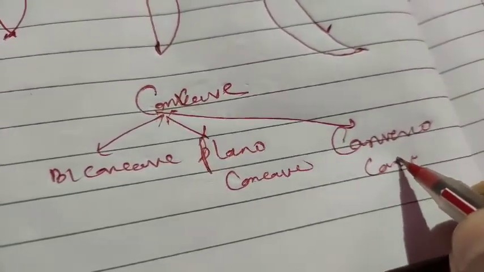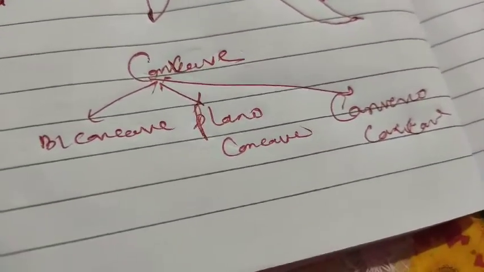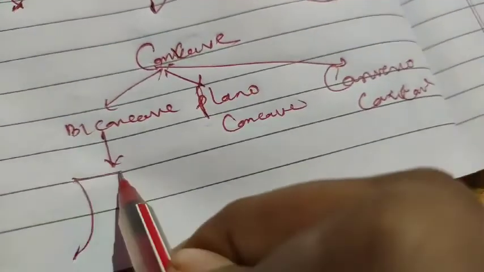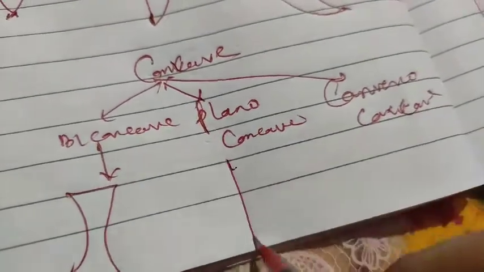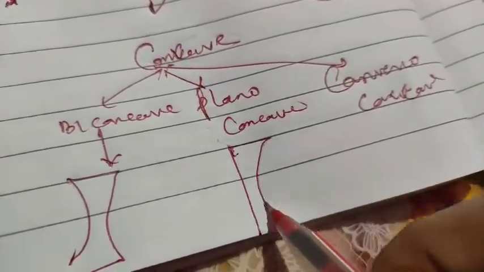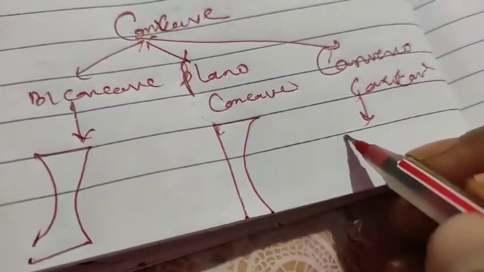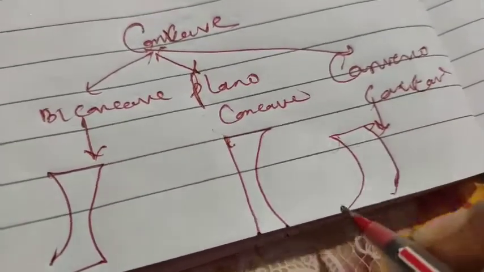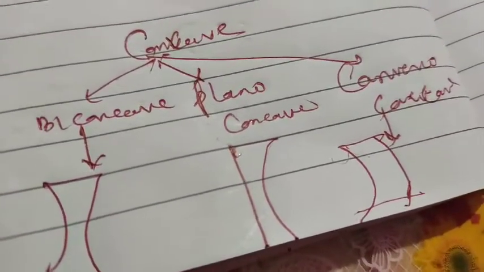Okay, so how can I draw biconcave, student? You just check out the diagram. This is a biconcave. Okay, plano, one single line, you take the curve interior. And third is convexo-concave, means one is a convex surface, this is curved. Now you bulge again like this and you join it, this is convexo-concave.